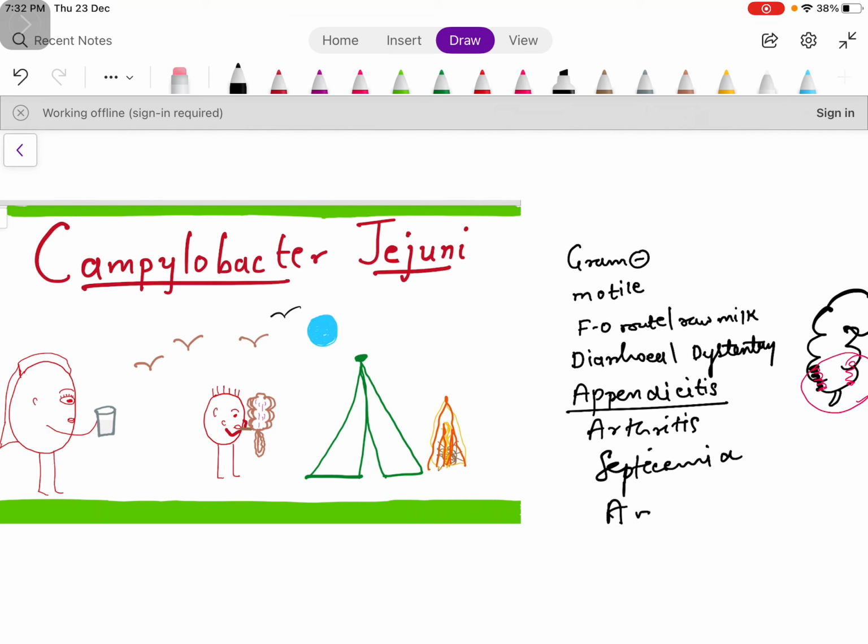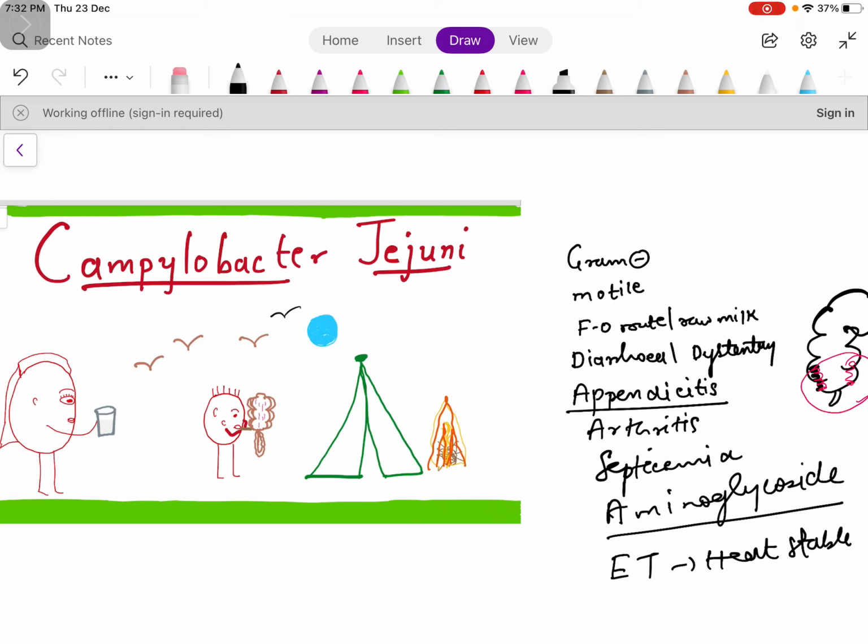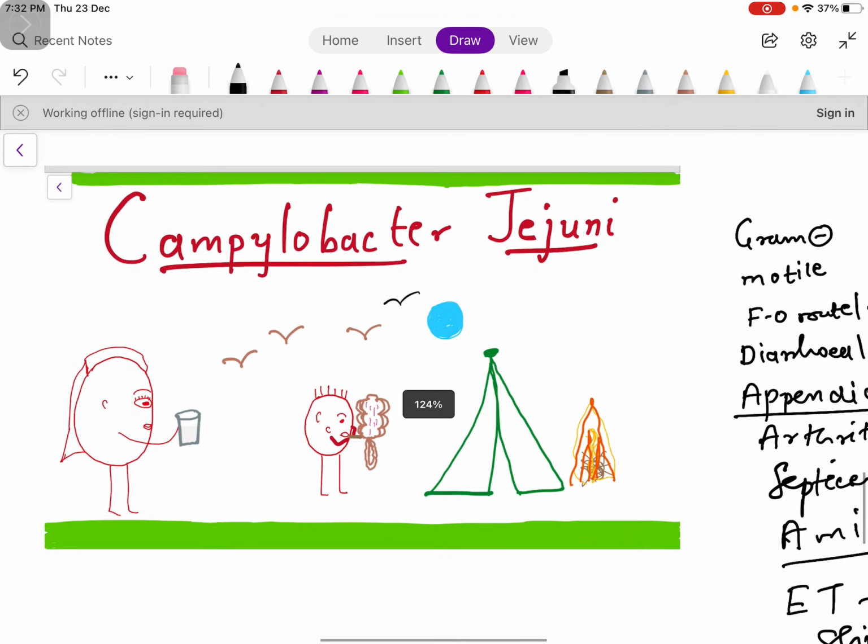And the treatment is aminoglycosides and supportive treatment. Now this releases enterotoxin, which is heat stable enterotoxin, and this behaves like that of Shiga toxin. Similarly, like Shiga toxin, it destroys the cell, okay, and it can cause ulcer in the intestine.